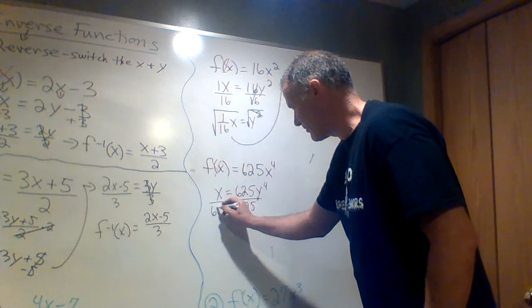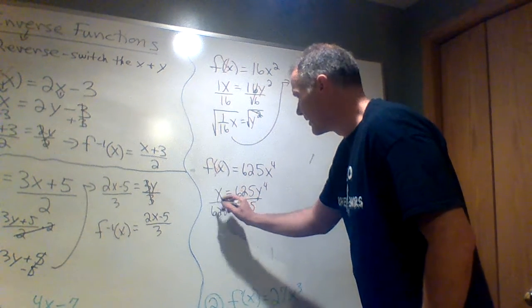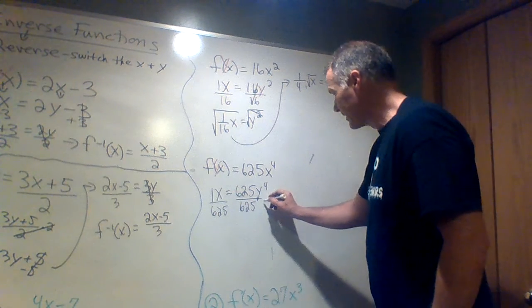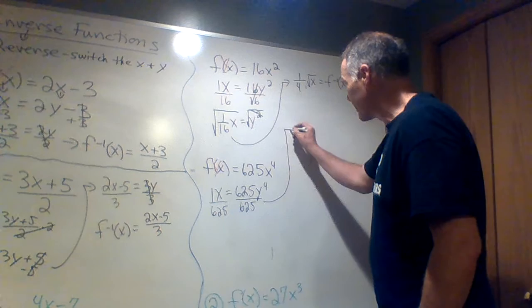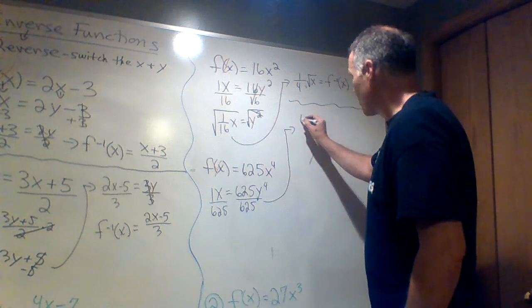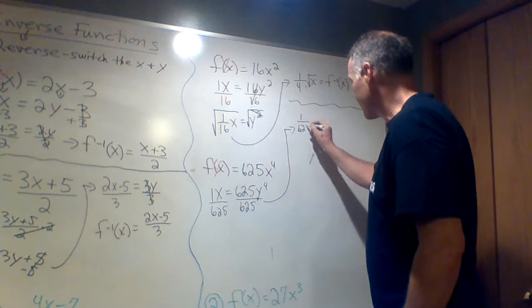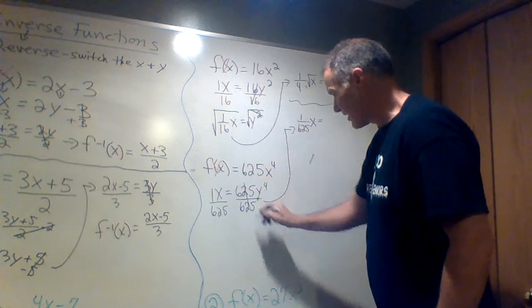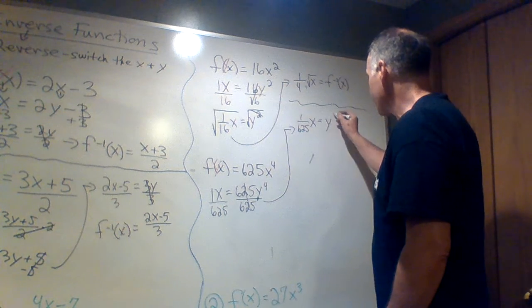Divide by 625. Again, think of a 1 there. Now I'm going to move up here where I have some room. So what I have is 1 over 625 x, the 625s go away, equals y to the 4th.